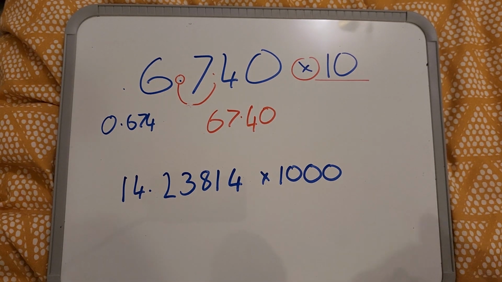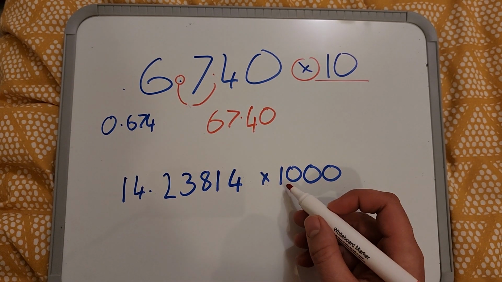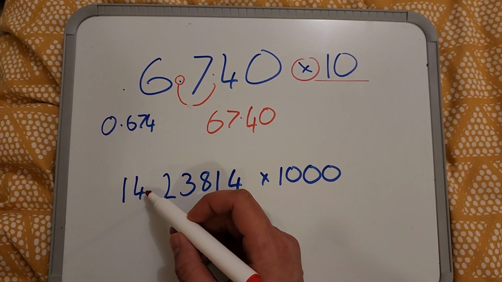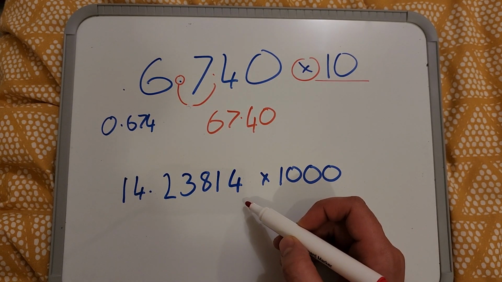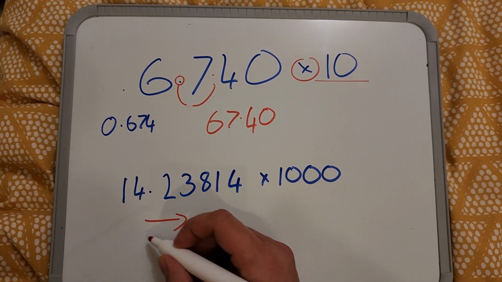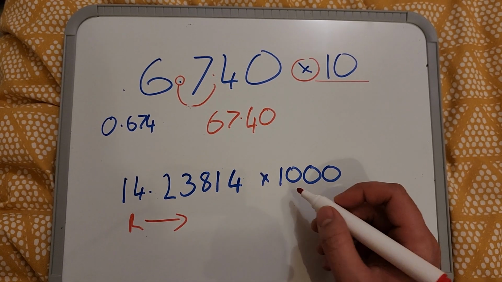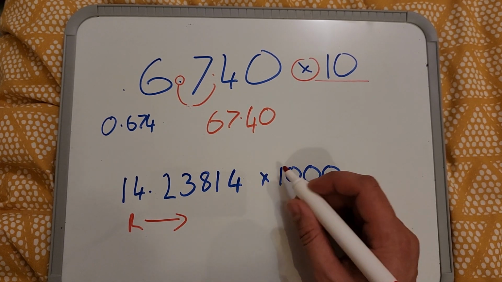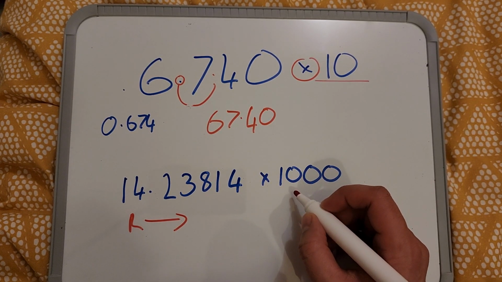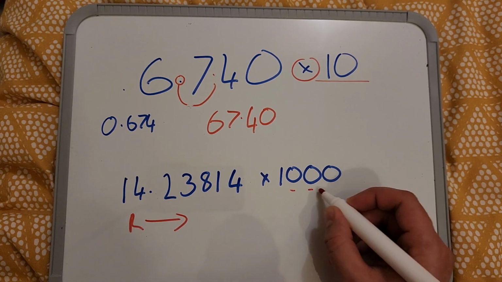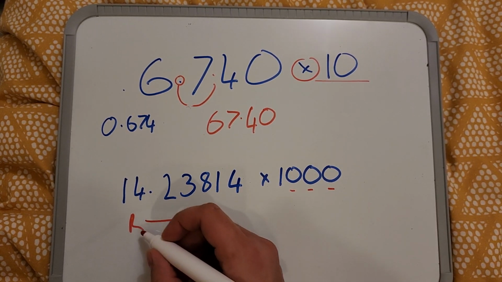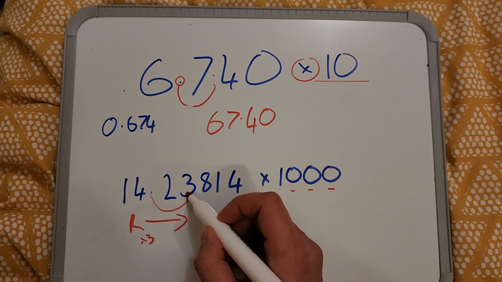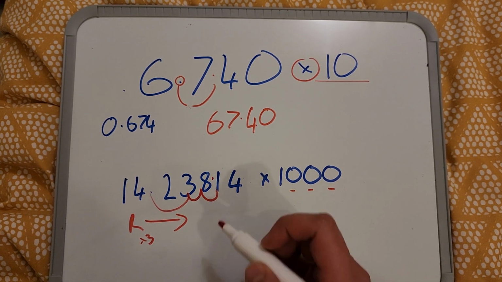Here now what we're doing is we're having a look at when we times by 1,000. So we're timesing, so we're going to want the decimal place to move to the right hand side, that's for sure. But let's have a look here at how many zeros are in our number here, 1,000. There's 1, 2 and 3. So we're going to move to the right, we're going to move 3 times, so 1, 2 and 3.